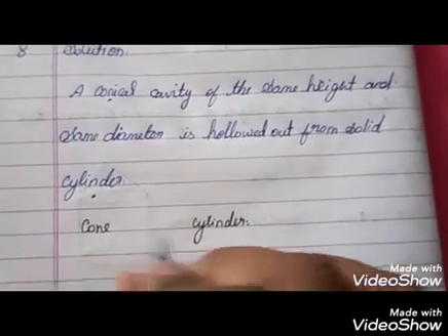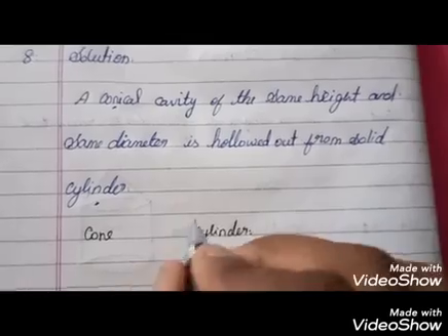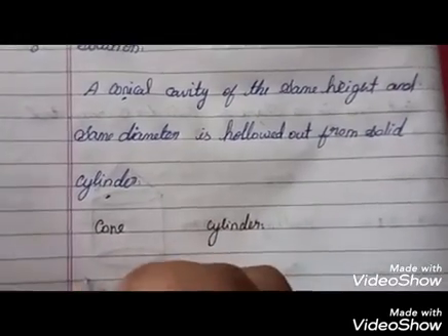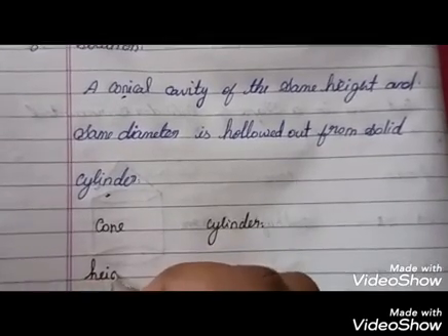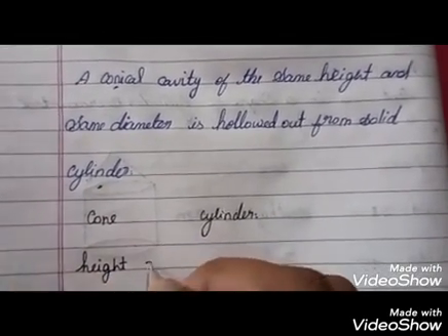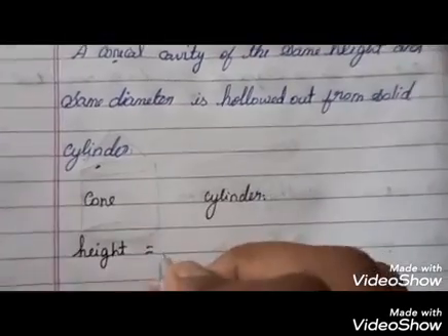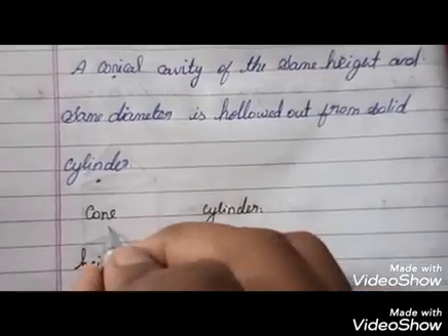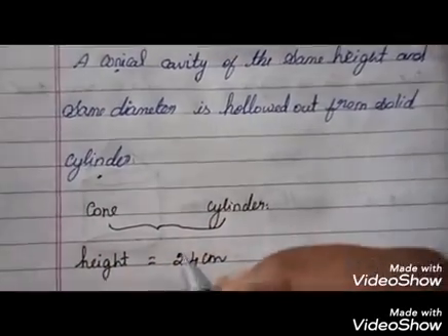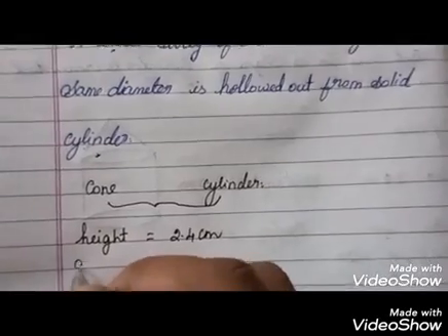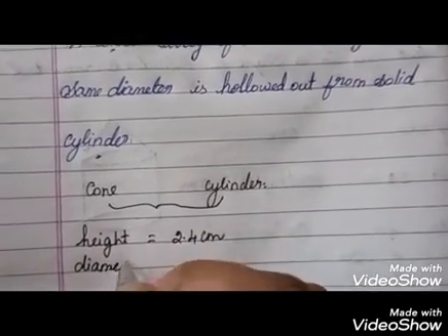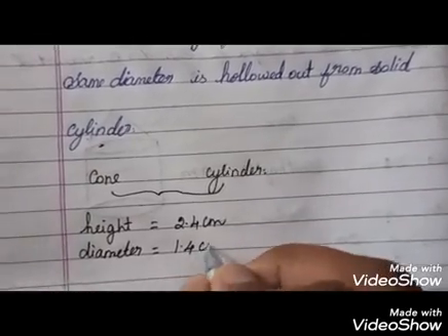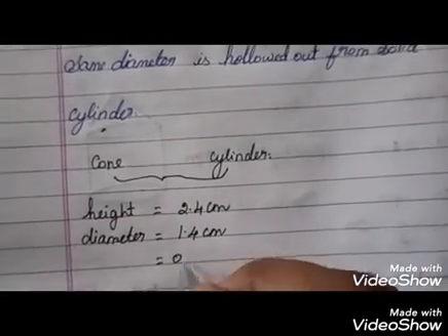Now I have to write the given values for the cone and cylinder. Height, as I already told, and diameter are the same for both cone and cylinder: height is 2.4 centimeter, and diameter is 1.4 centimeter, so radius is 0.7 centimeter.